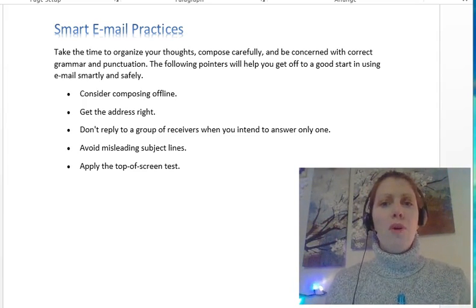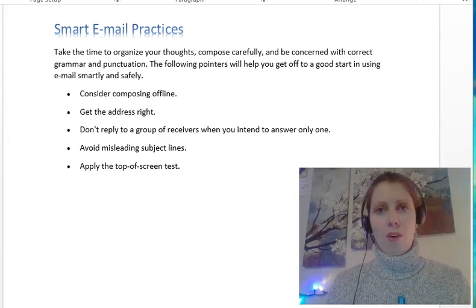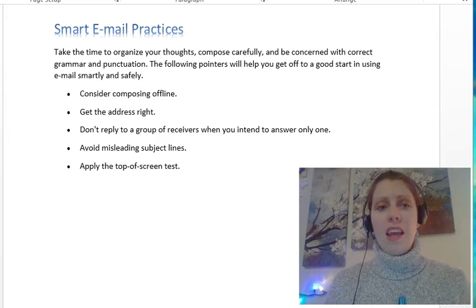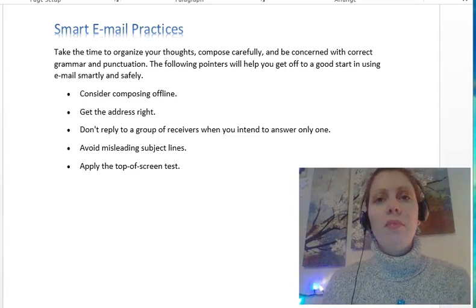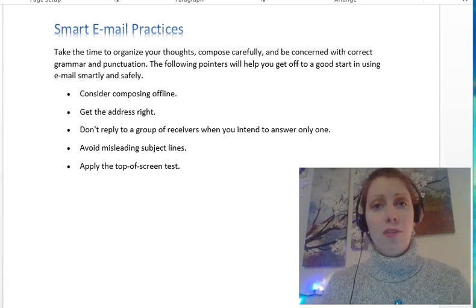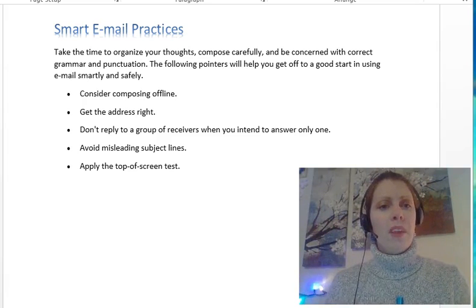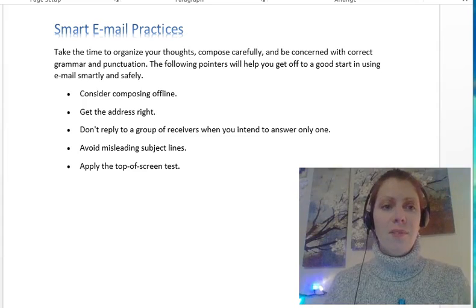Now, composing offline is good, especially for important messages when you should be thinking about how you're replying to them, what you're going to say, especially if there's something that might be emotional or upsets you, then you should probably leave it at least for a few hours, maybe a day, to compose a proper response. Then you can upload your message to your email and send it off.